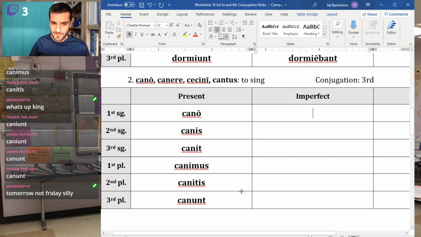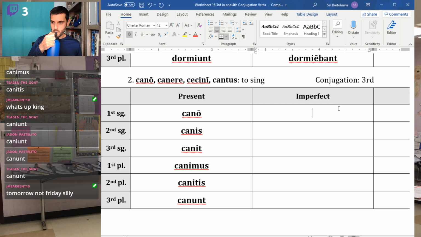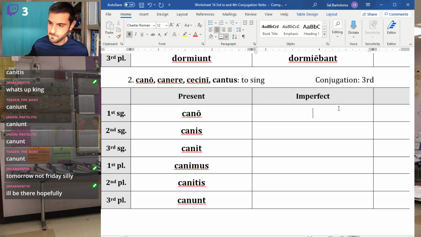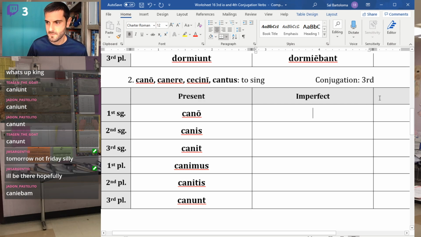All right, what about imperfect? My dudes in the chat. Imperfect for cano. Sweet. So Jaden, are we going to have that extra I in there?